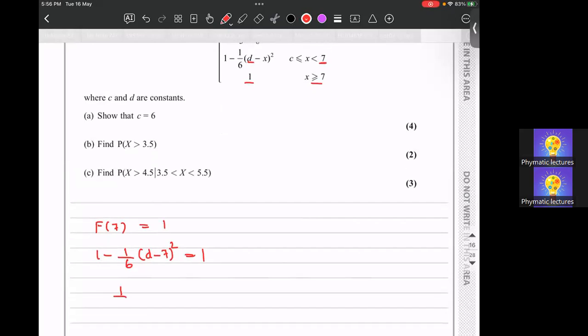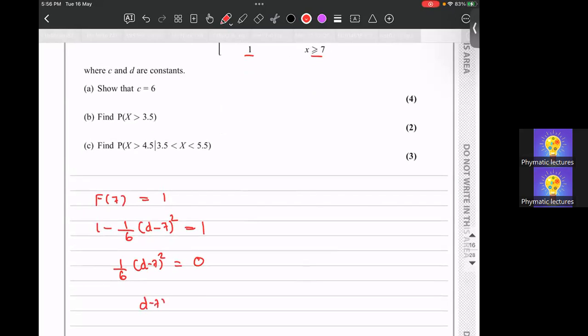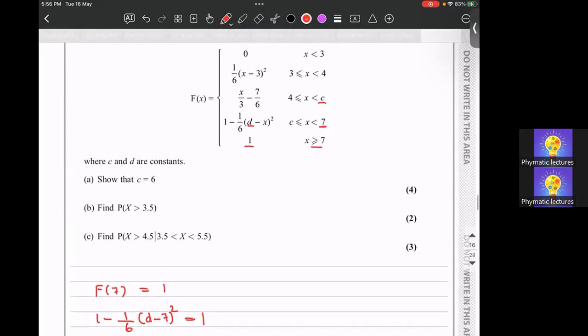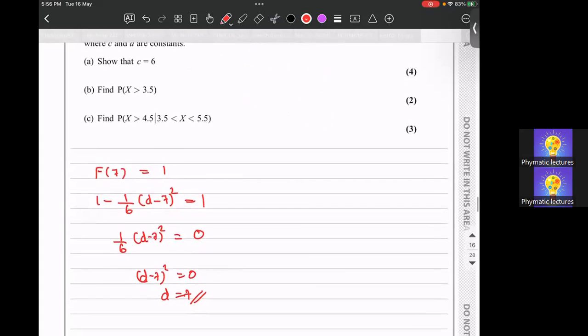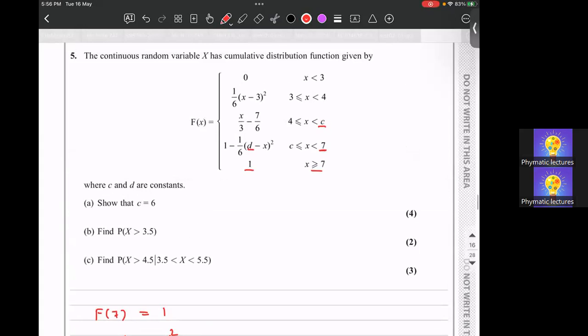Therefore, 1 by 6 into (d minus 7) whole square is equal to 0, or (d minus 7) whole square is equal to 0, so d has to be 7. So we got one unknown, the value of d, which is 7.